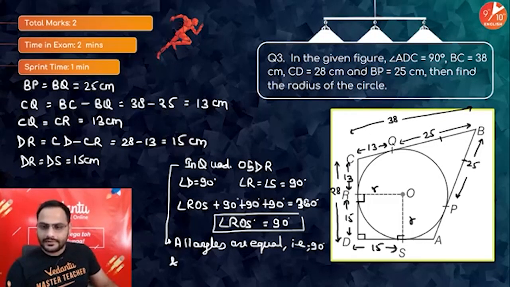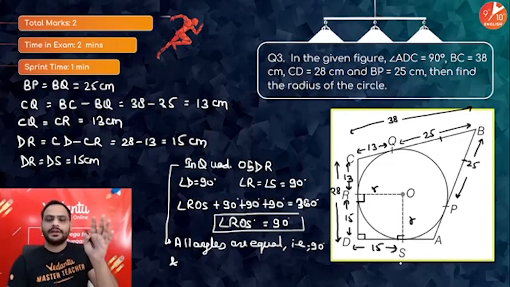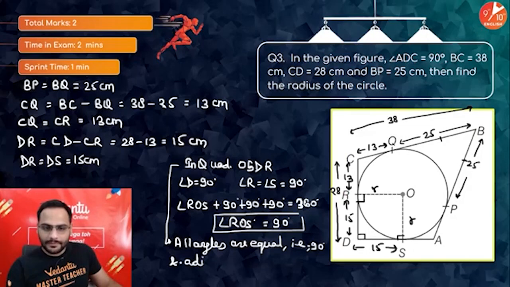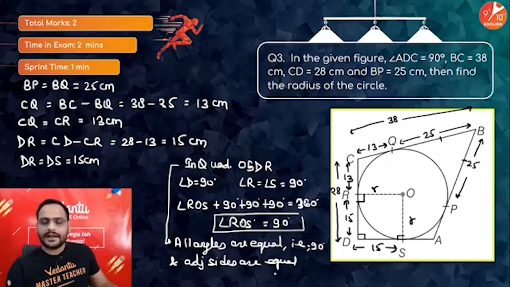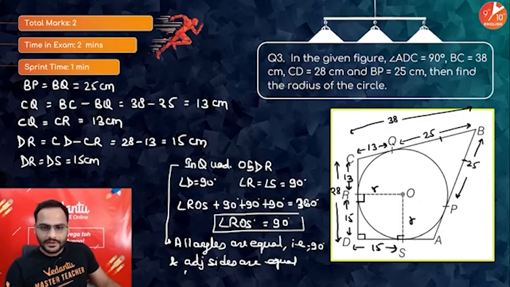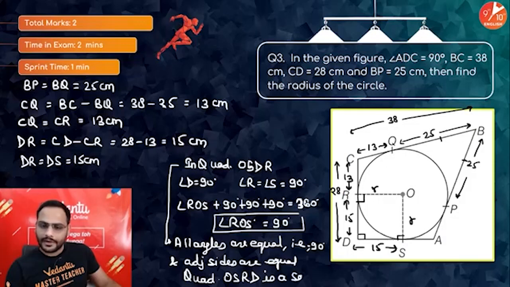And I can see a pair of adjacent sides. If all angles are equal, it will be a rectangle. And also we have a pair of adjacent sides equal, DR and DS are equal. So automatically all sides will be equal. We can say quadrilateral OSDR is a square.